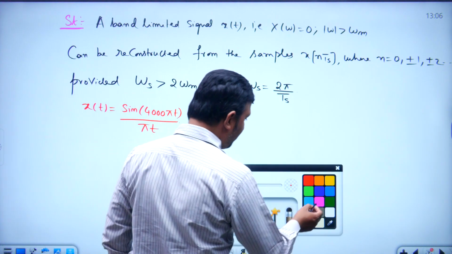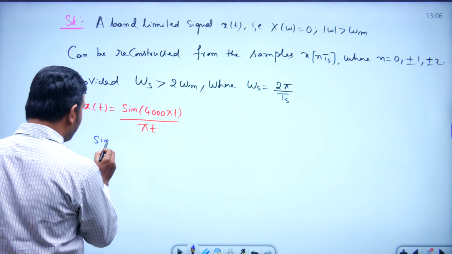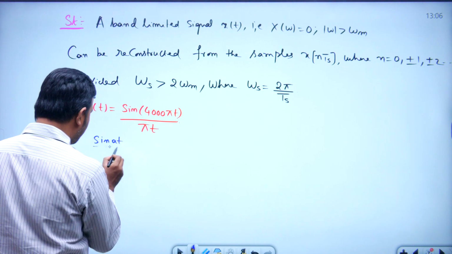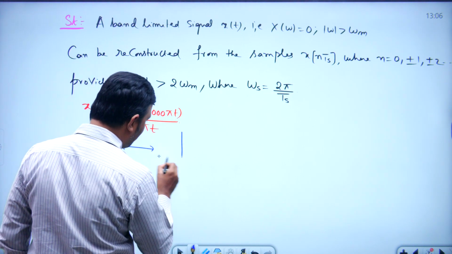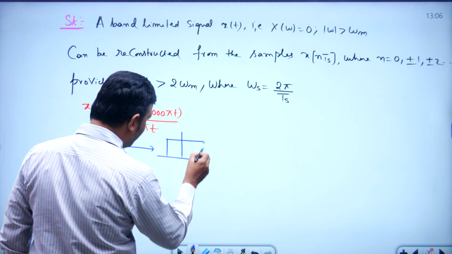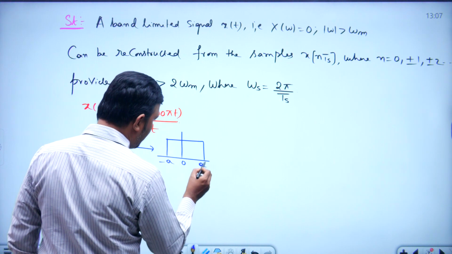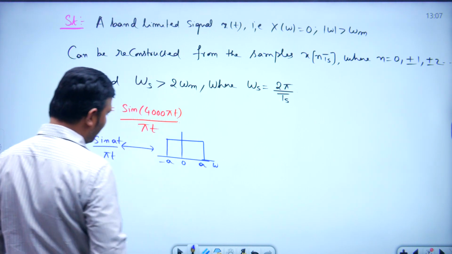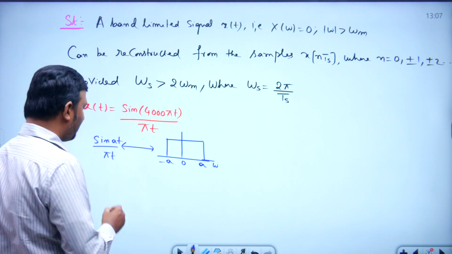You can utilize one important concept, that sin at by pi t forms a continuous time Fourier transform pair with a rectangular pulse varying from minus a to a in frequency domain. Now what is there in place of a here? 4000 pi.